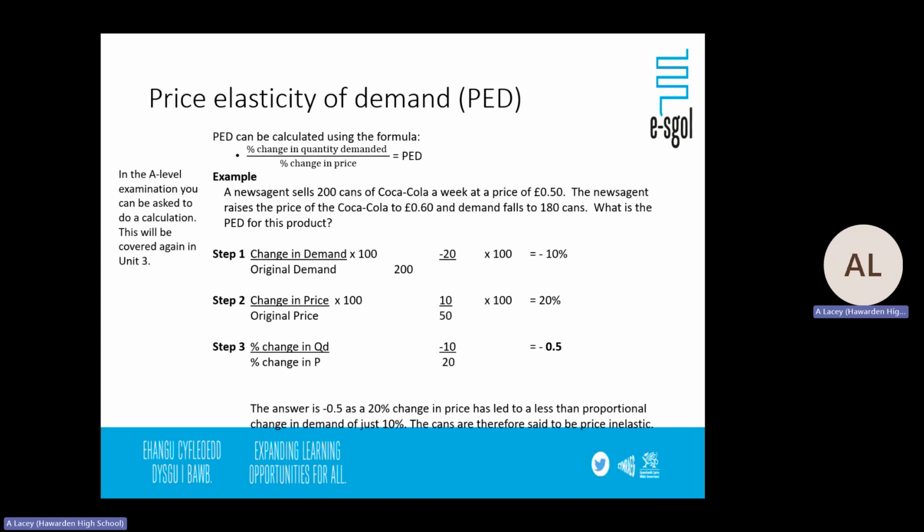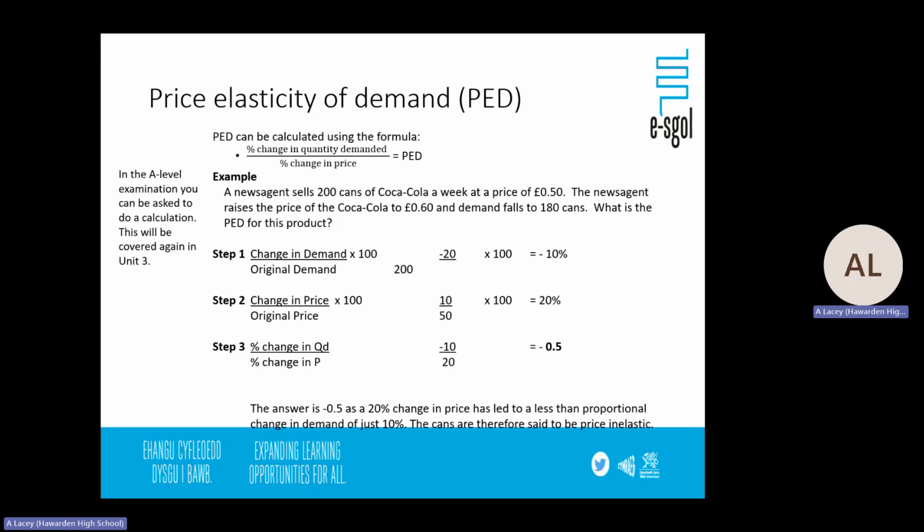First of all, you need to work out the difference. The change in demand divided by the original demand times 100 gives you minus 10%. The change in price divided by the original price times 100 gives you 20%.